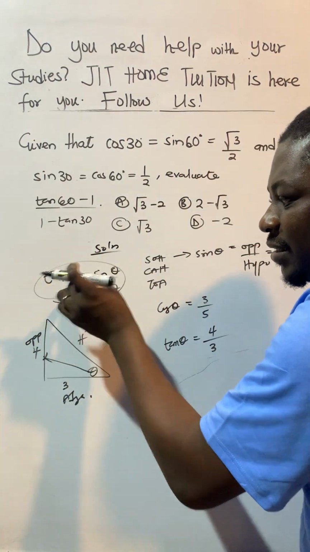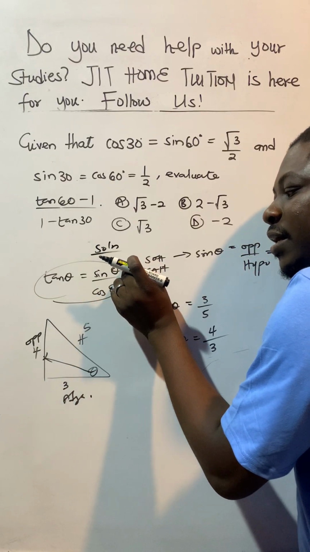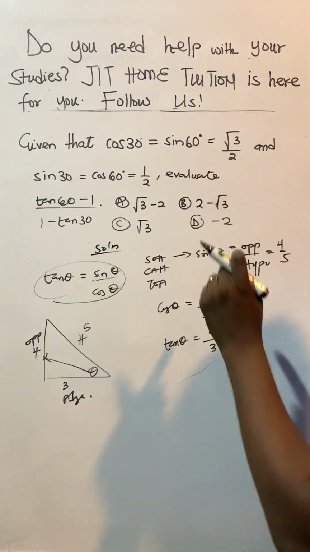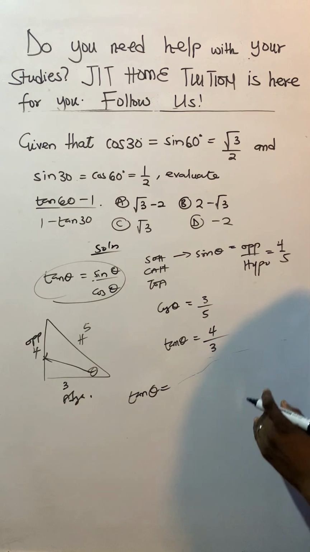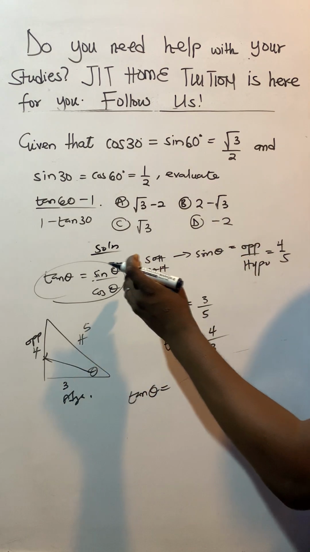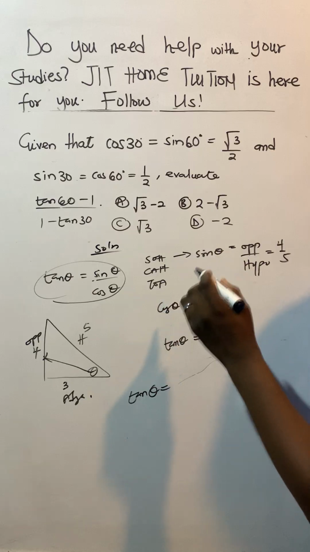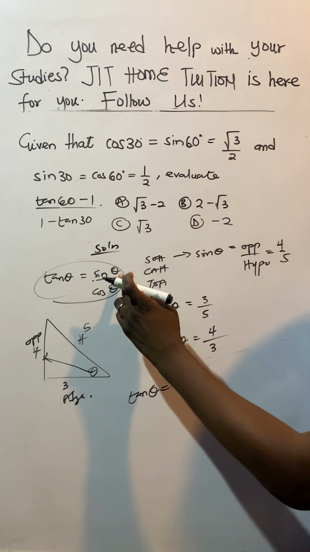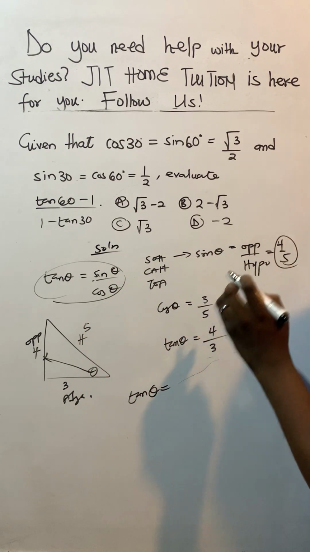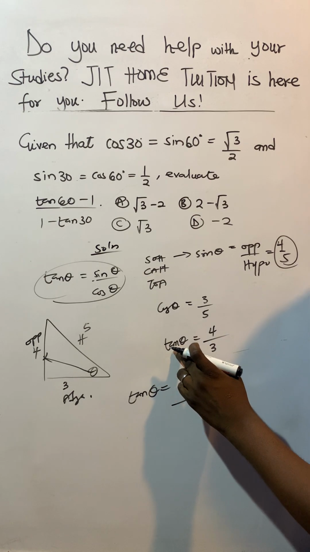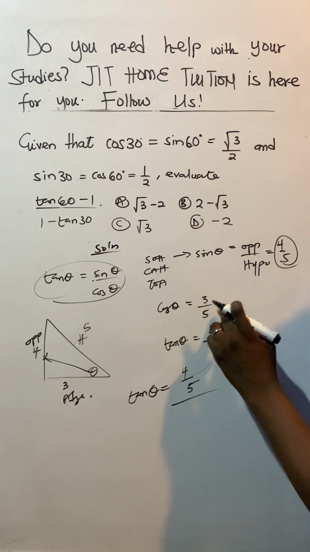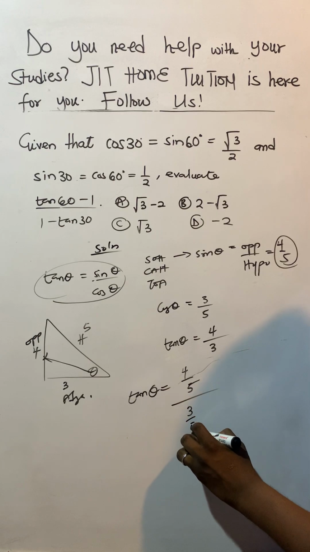Now let's come back to this. I said that tan theta is equal to sine theta over cos theta. Sine here is 4 over 5, and cos here is 3 over 5.